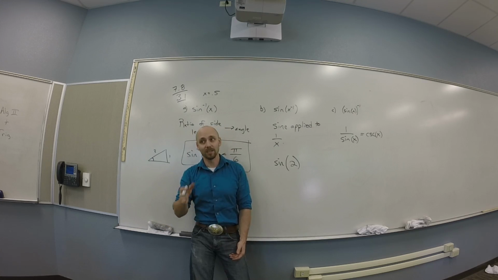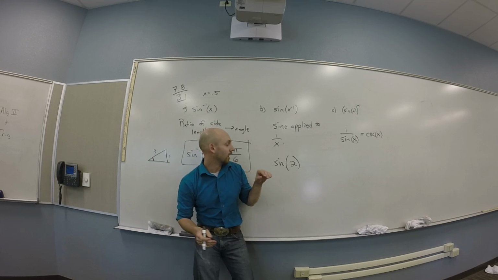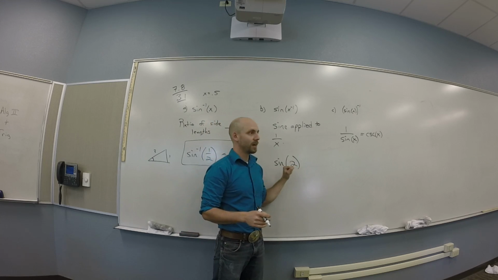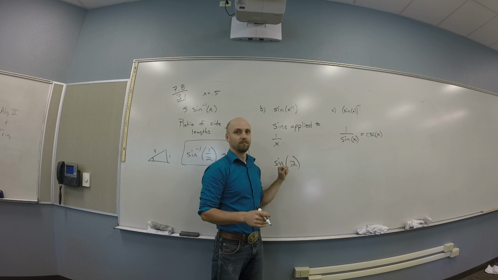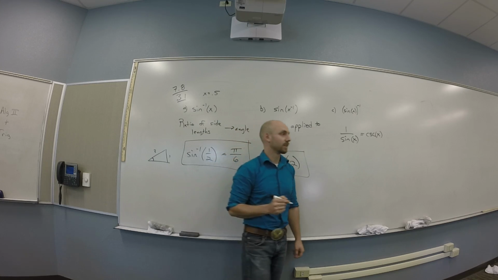And in calc, everything's got to be in radians. So if you're given a problem in degrees, you're going to have to push it to radians before you play with it at all. Cool? All right, so do I know a convenient way to get the sine of 2 radians? No. Cool. Check that. Best I can do.